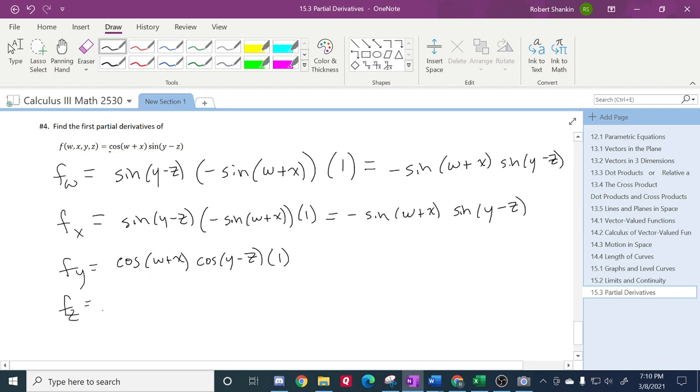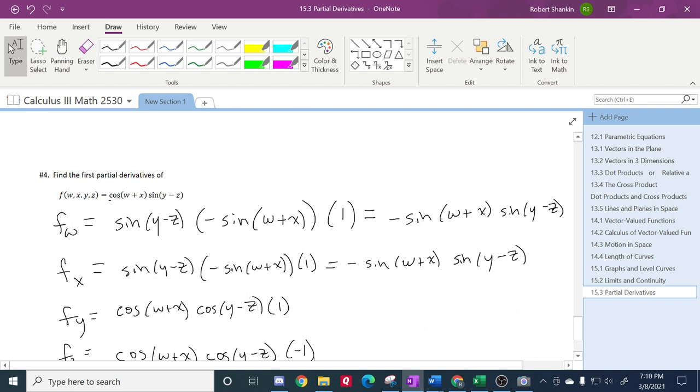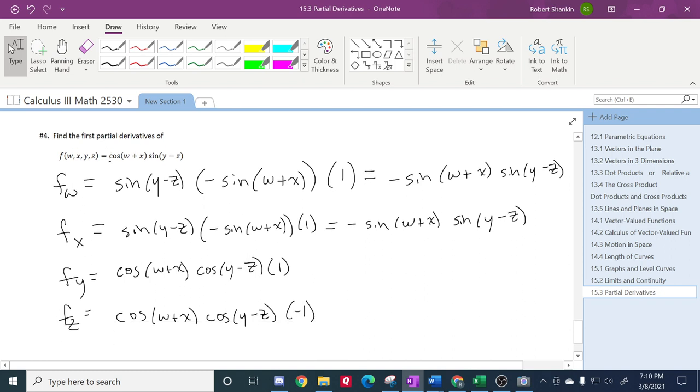And f z, this part's a constant, so it's the cosine of that, and then the derivative of sine of something is the cosine of that something, times the derivative of the internal, which is now a negative 1. So that negative sign might go out in front, and then this would be the result here. So that's more practice on getting the partial derivatives.